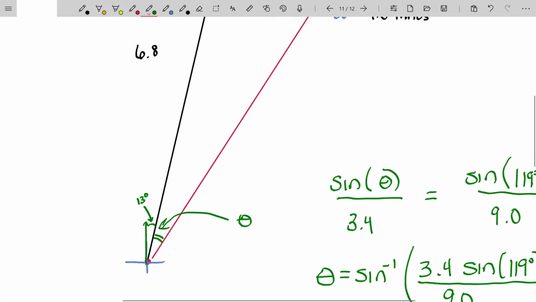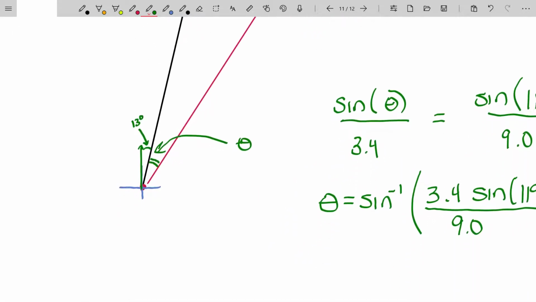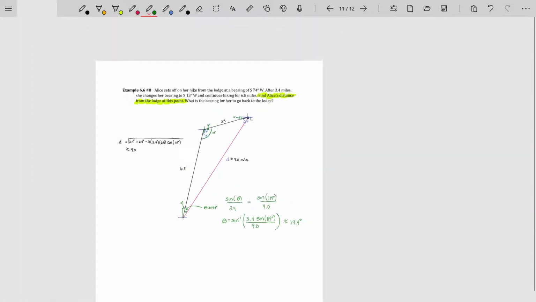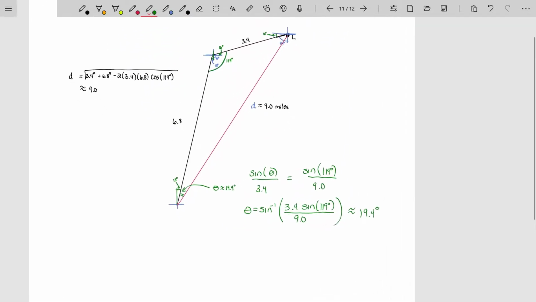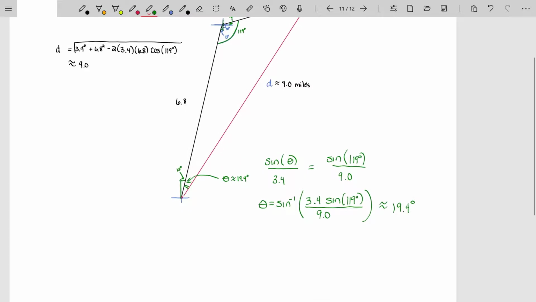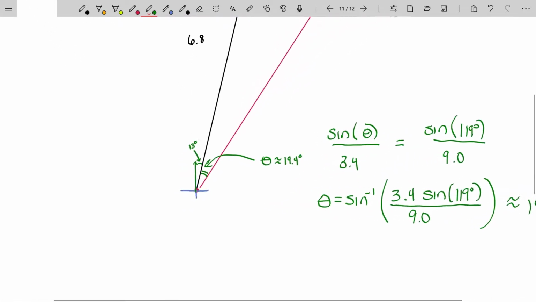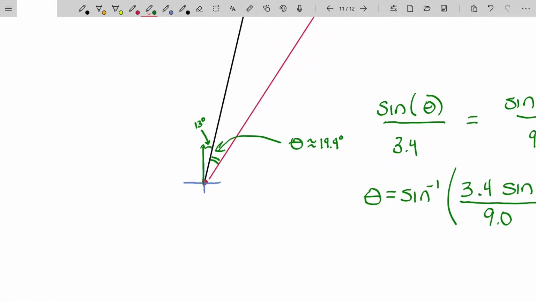Now, here's where some people just get kind of frustrated because they're not paying attention to something. So I'll have students that say, oh, for Alice to get back to that lodge, she faces north and turns through 19.4 degrees. That's not true. She has to turn through 13 plus 19.4 degrees.